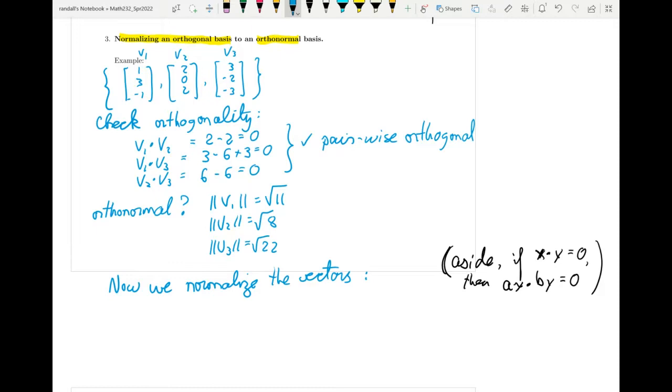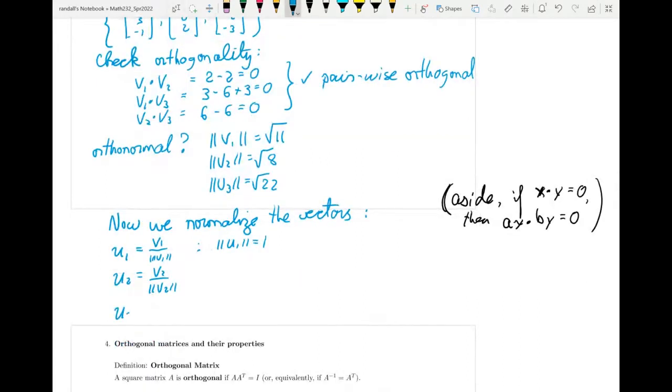Now, what are the numbers I should multiply these vectors by? Well, they're going to be 1 over the norms of these vectors. So I'm going to define a new set of vectors, u1, to be v1 over the norm of v1. Okay, so that makes u1 norm 1. And similarly for u2, I'll take v2 over the norm of v2.